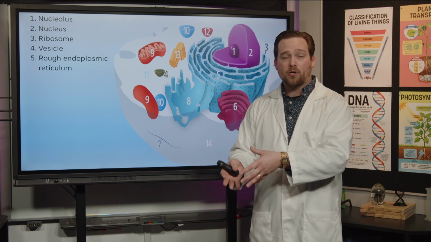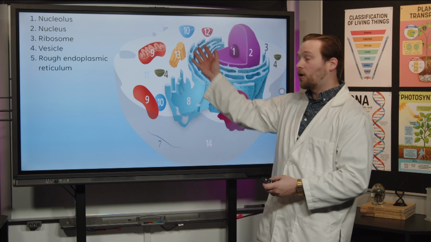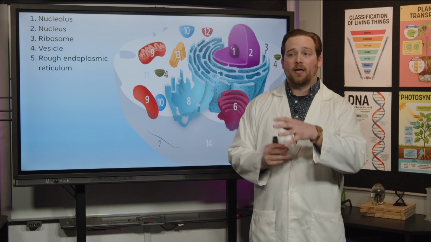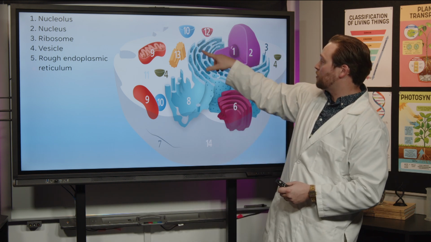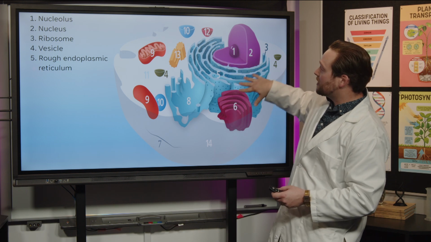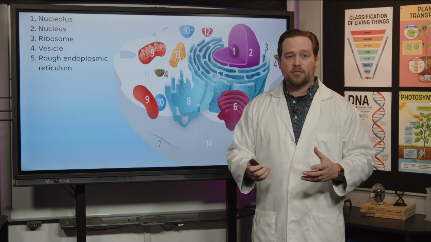And so ribosomes help to make proteins, and so the rough ER also helps conduct protein synthesis. It also is helping us get stuff around the cell. If you look at it, it almost looks like a highway or maybe like a neighborhood or something. And so you can see how it might be good for getting things around the cell there, right? Okay, so let's go to the next one.